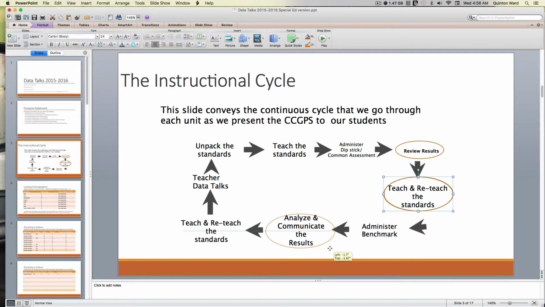After we analyze the results, we go through a process where we continue to teach those students the things that they did not understand. We conduct student data talks. Okay, and now we're at the process of what teachers are doing right now, which is presenting teacher data talks.